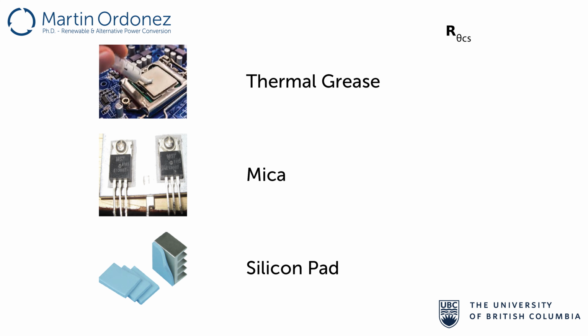The thermal resistance of the thermal conductor depends on the material you select. Here you can see the value of thermal resistances for different common materials used as thermal conductor. Let's select the silicon pad for our example, which has 1.1 degrees Celsius per watt for the conduction resistance.